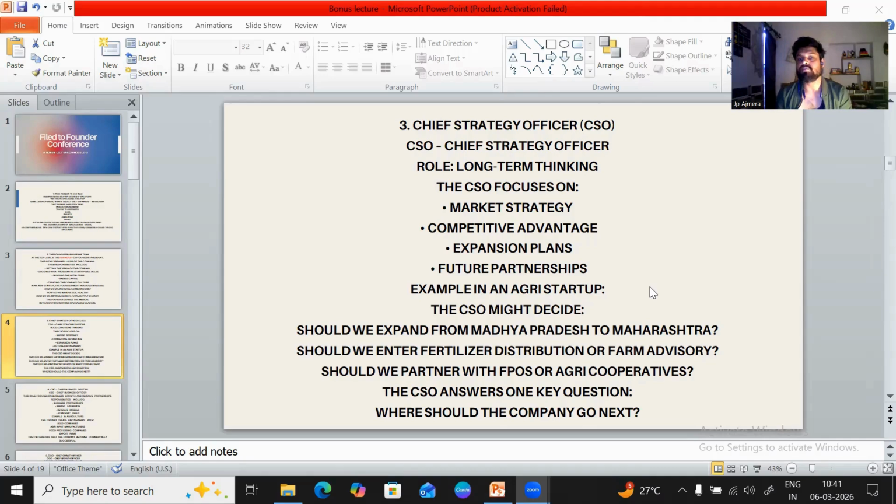The most important question generally answered by the CSO is: where should the company go next? All of these things are decided by the CSO, and it is a very amazing role in a startup or venture. So I hope you understand this slide as well.